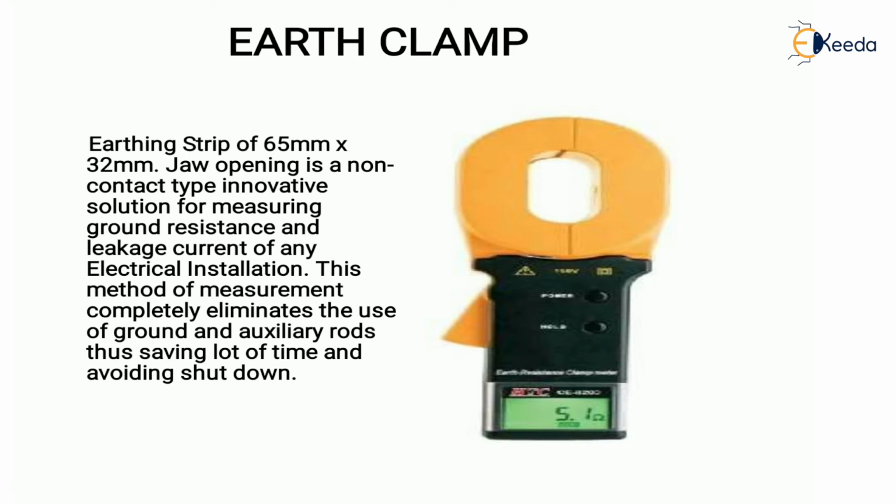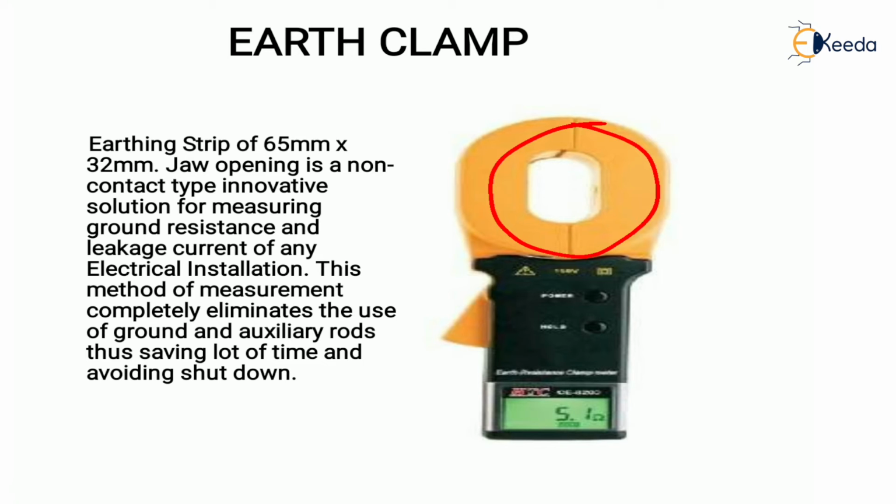Next instrument is the earth clamp. Now the earth is used to protect us from electrical shock, and it provides a path for the faulty current to flow to earth. So by using an earth clamp across the conductor, the conductor acts as a primary, and the core acts as a secondary.